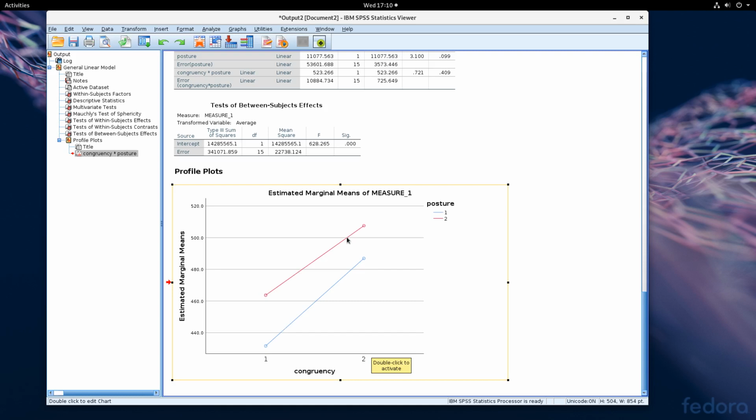All right. Now, what's interesting is that for the red line, you have essentially the same line. People are faster in congruent than in incongruent, so this line is pretty much parallel to the blue line. The only difference is that people just became slower. Interestingly, this effect was not statistically significant.